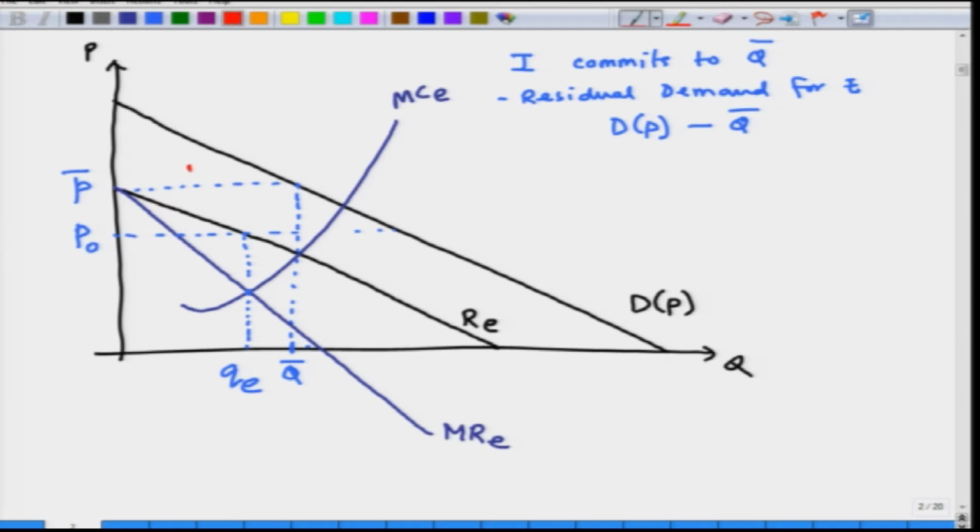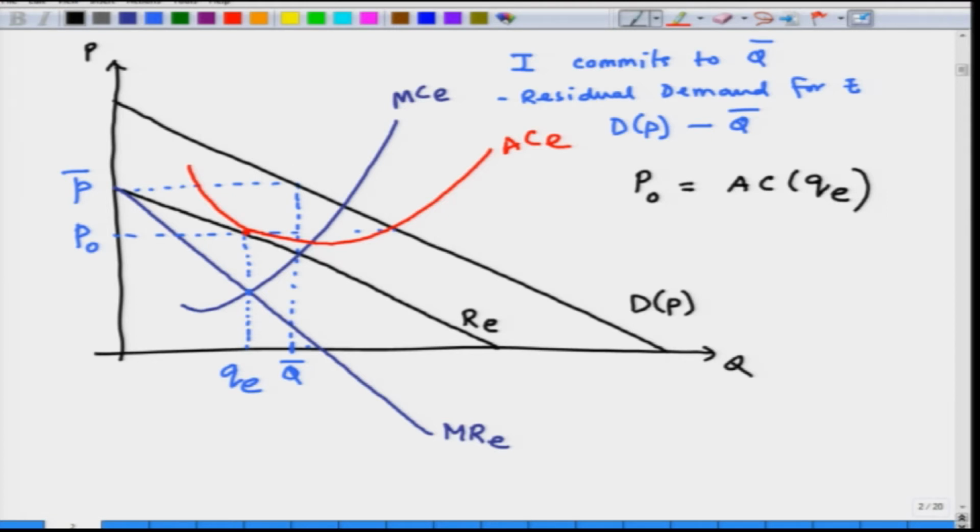The entrant's average cost, let us say, is something like this. So, this is the entrant's average cost curve, right. At this output, the P naught that turns out is equal to the average cost that the entrant incurs of producing QE units. So, the price that eventually arises in this market is barely covering the entrant's average cost.